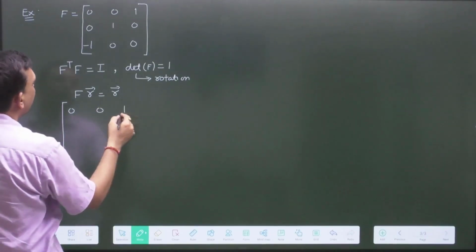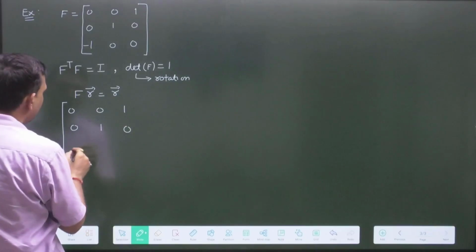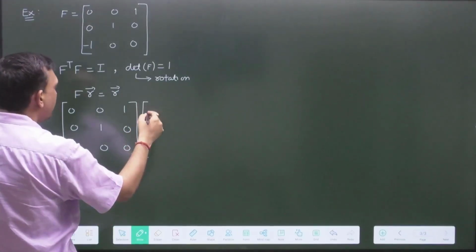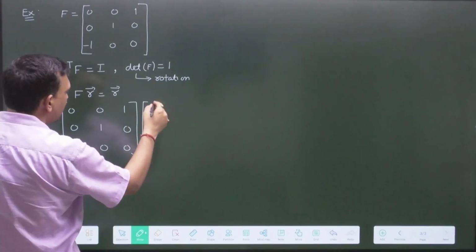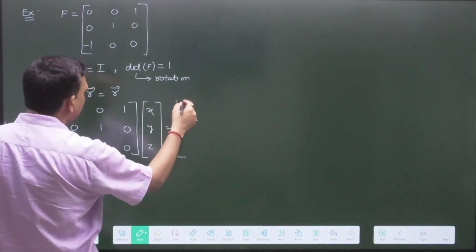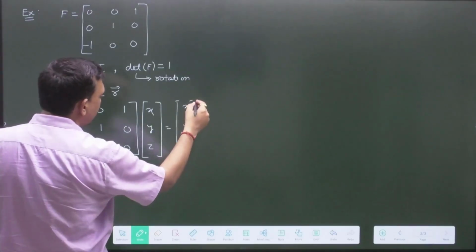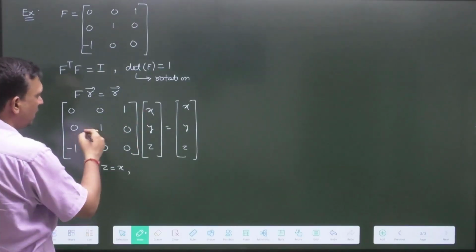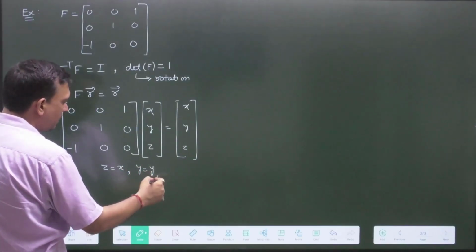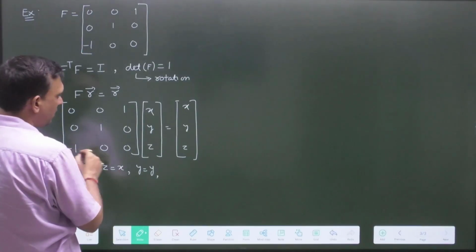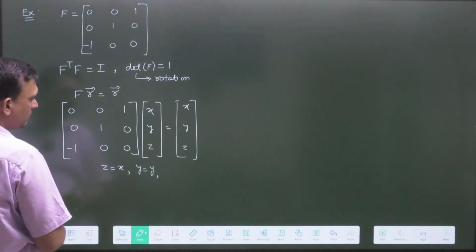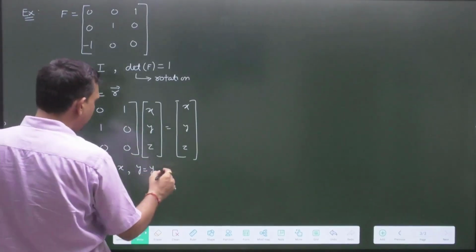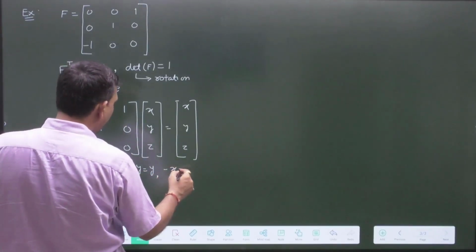With the matrix 0, 0, 1; 0, 1, 0; minus 1, 0, 0 and, in general, r as x, y, z, if you compare, this gives z is equal to x, this gives y is equal to y, and this gives minus x is equal to z.